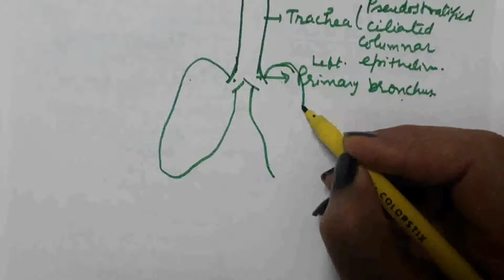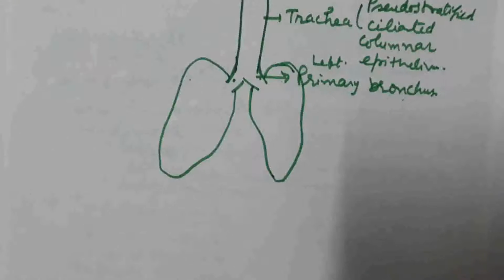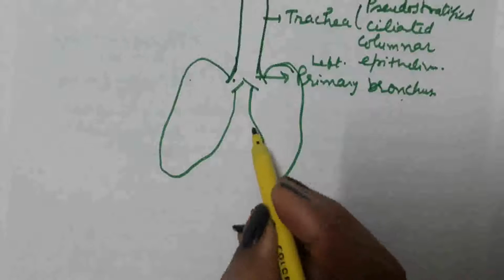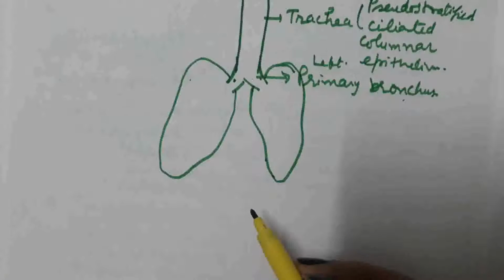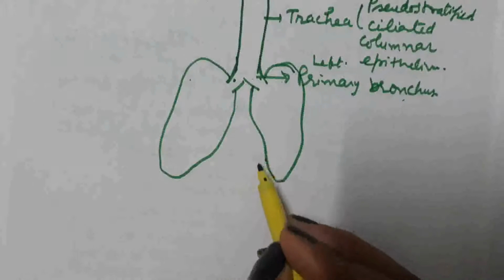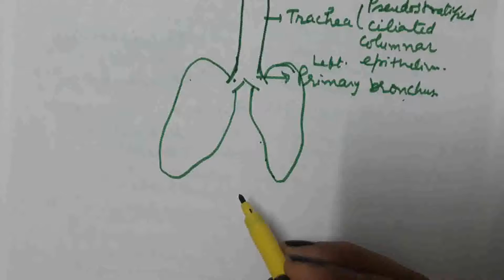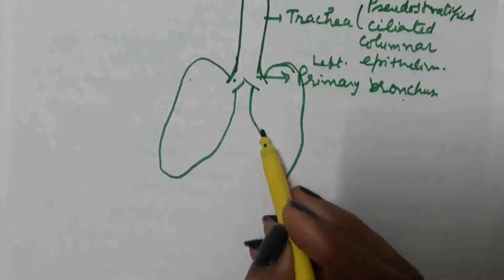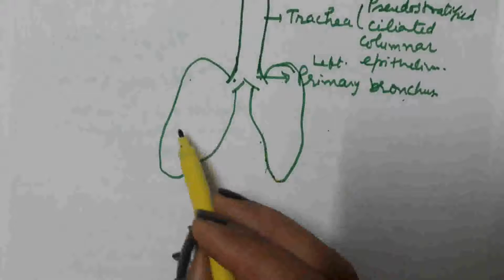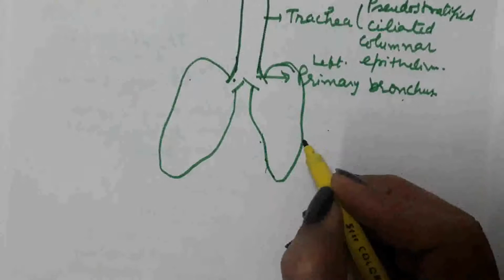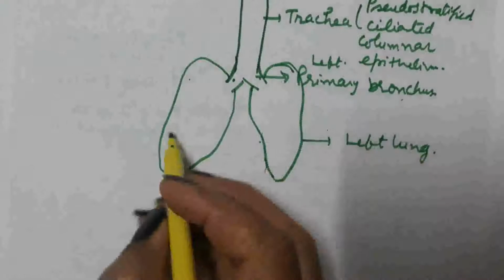The size of the left lung is slightly smaller than the right lung, and in the left lung there is a depression which we call the cardiac notch. This is the position where the heart is present, and the heart is slightly tilted towards the left side. That's why there is a depression or notch in the left lung. So this is the left lung and this is the right lung.